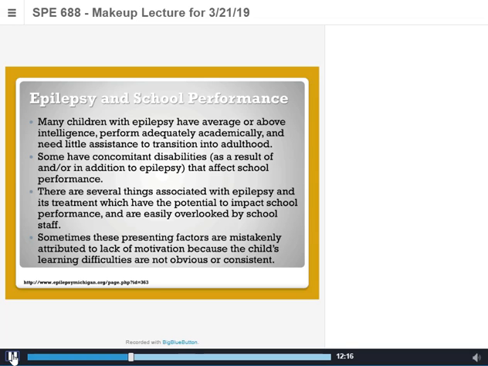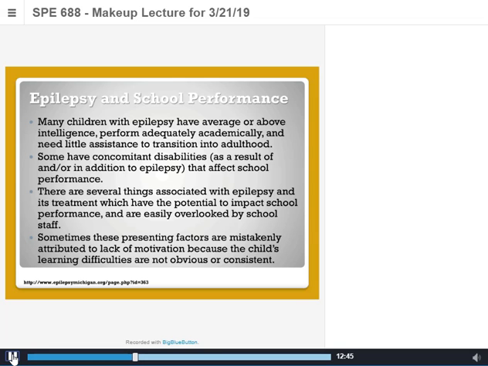So this tells me that most students who just have a seizure disorder, and don't have another condition or syndrome that goes along with it, are most likely to be covered under Section 504. Some have concomitant disabilities, and concomitant just means happening at the same time. These are things that are a result of their epilepsy or in addition to it, that can affect school performance.